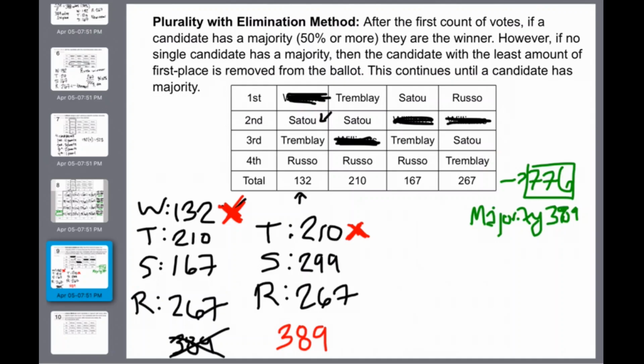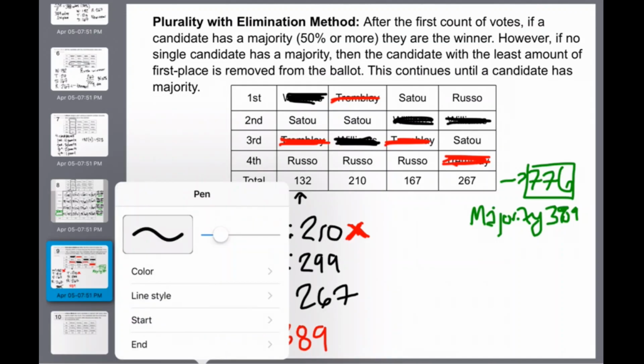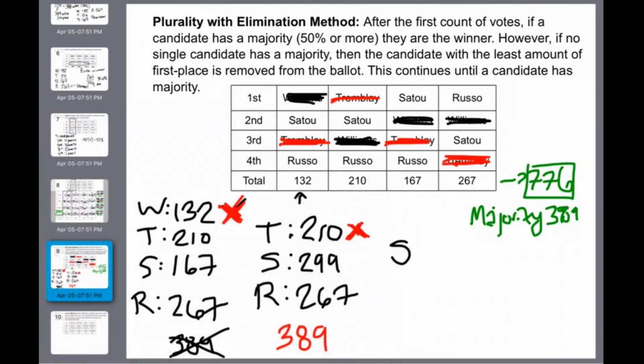Much like before, we're going to cross out wherever Tremblay is on the list. Tremblay appears here, here, here, and here. He's gone. Now our running is just down to Sato and Russo.